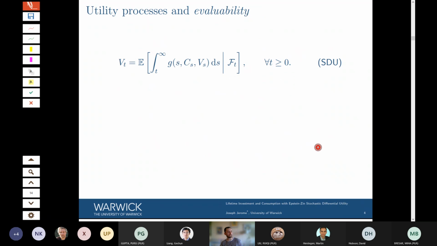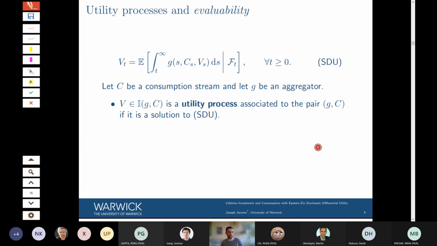Again, we're trying to solve this, so we're going to introduce a couple of definitions. The first is a utility process. If C is a consumption stream and G is an aggregator, then we say that V is the Epstein-Zin stochastic differential utility process associated to the pair G, C if it's a solution to SDU.